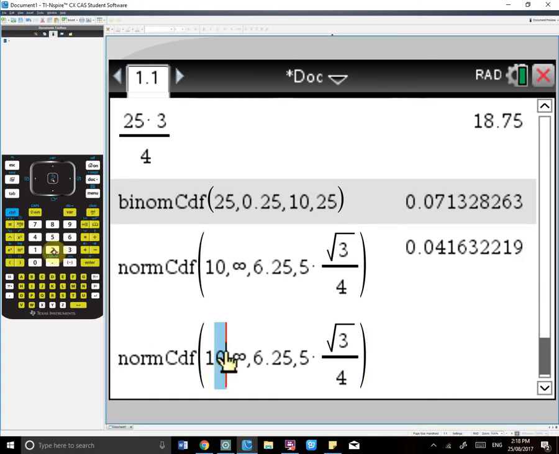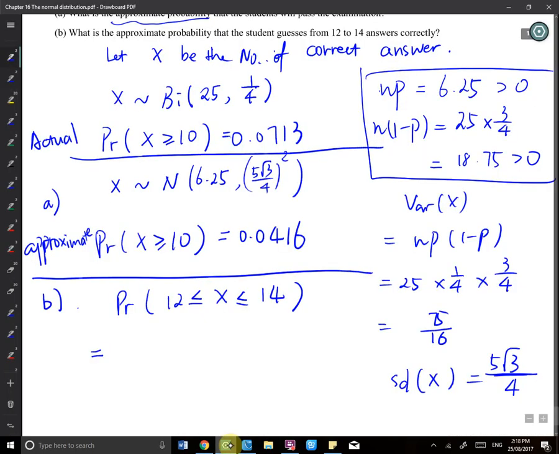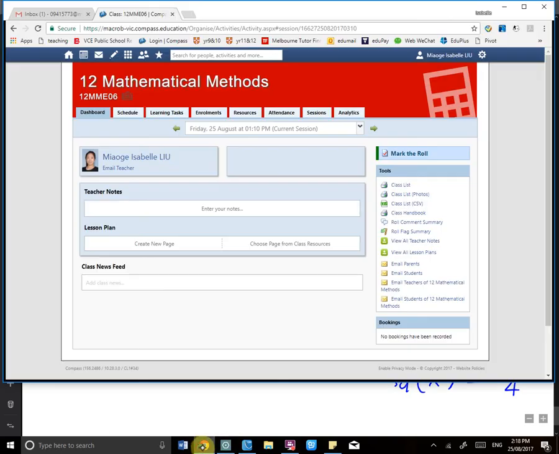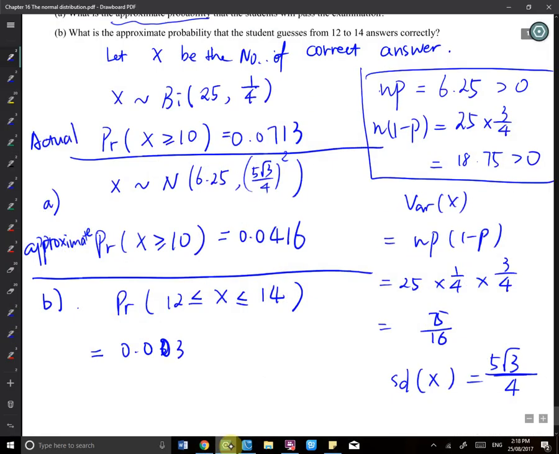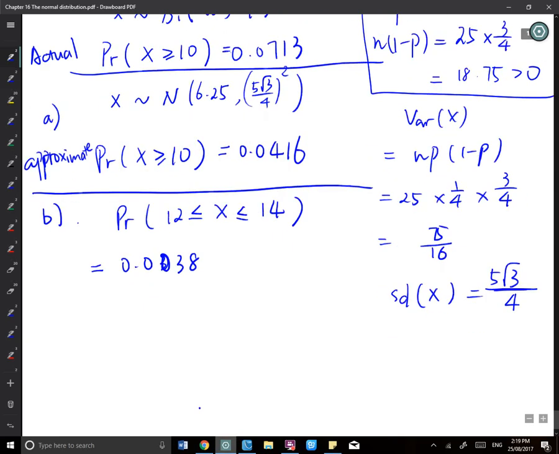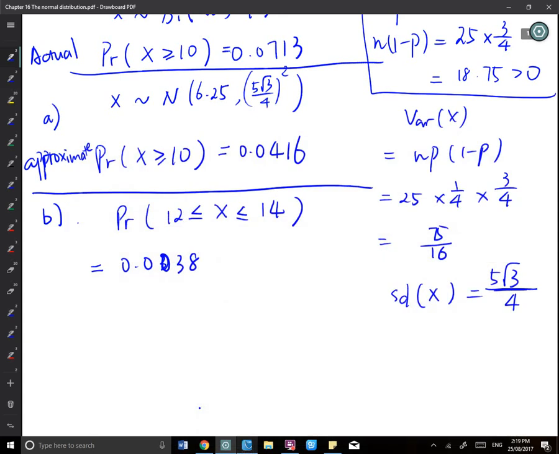Very easy, normal distribution from 12 to 14 with the mean and standard deviation. Enter, that is 0.00378, so 0.0038. That's the approximation.